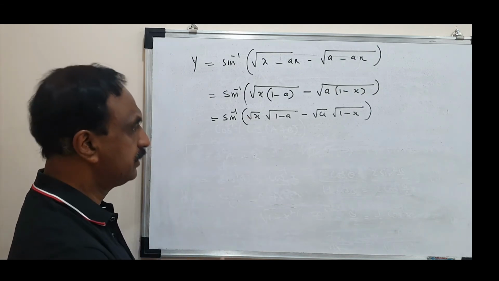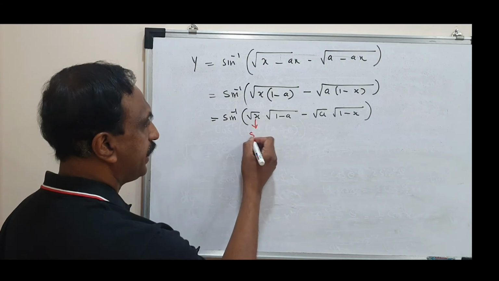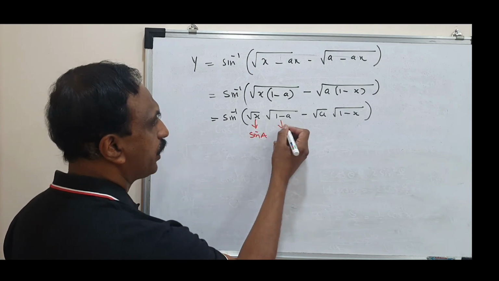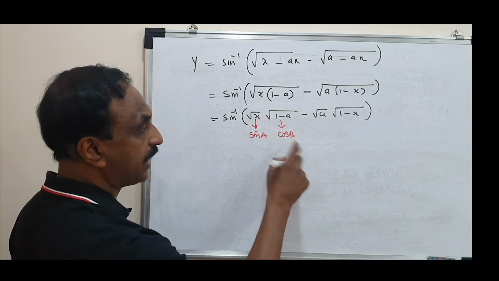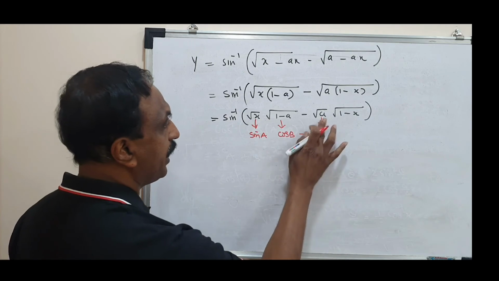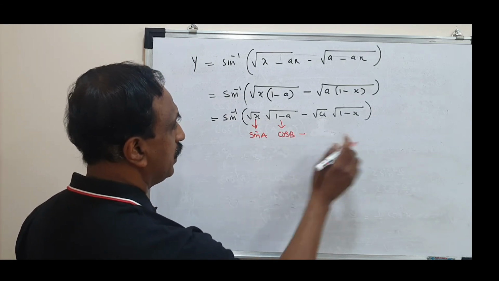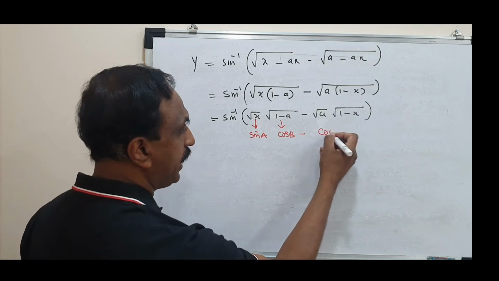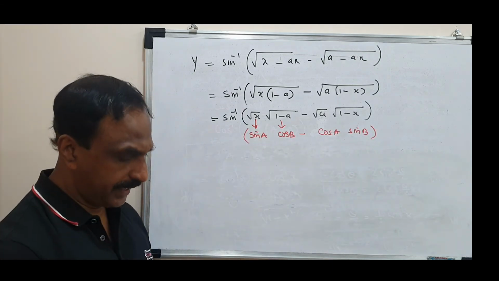I require sine a cos b minus cos a sin b here. In this format, I am trying to bring it.